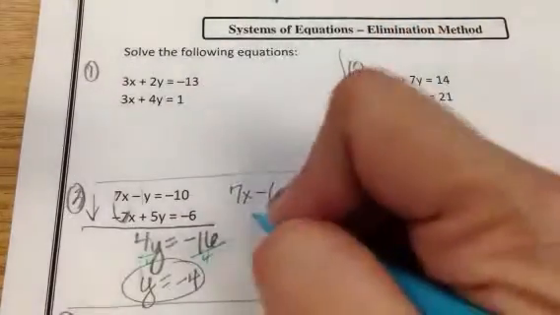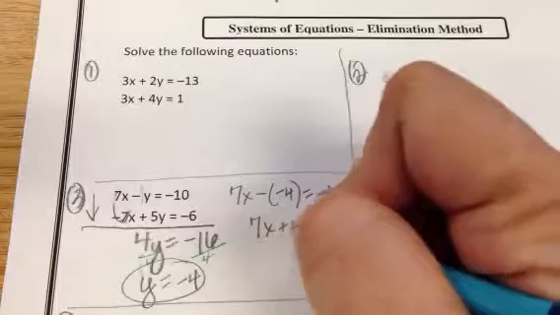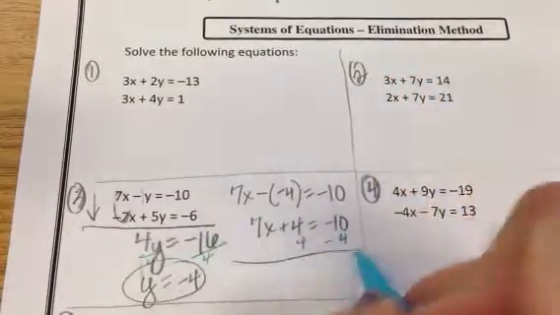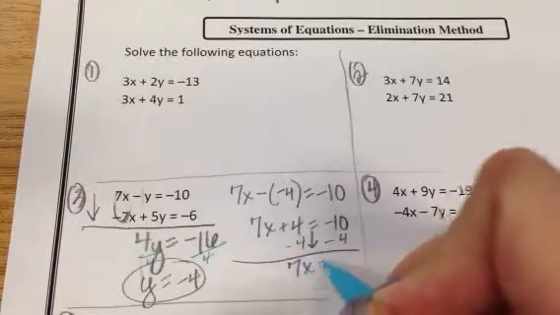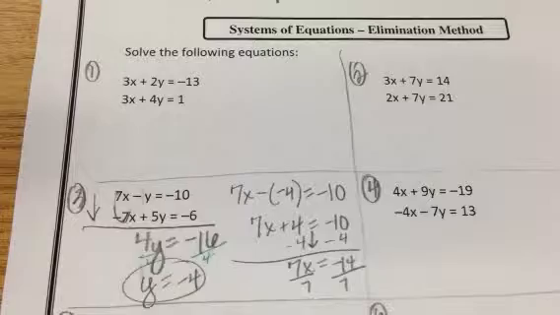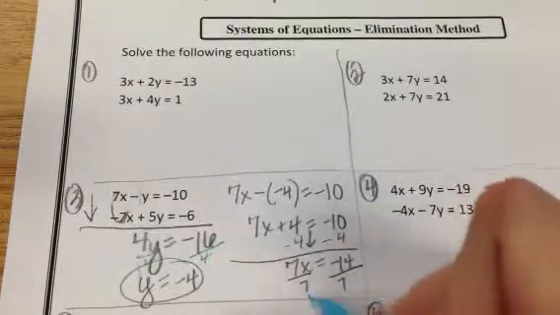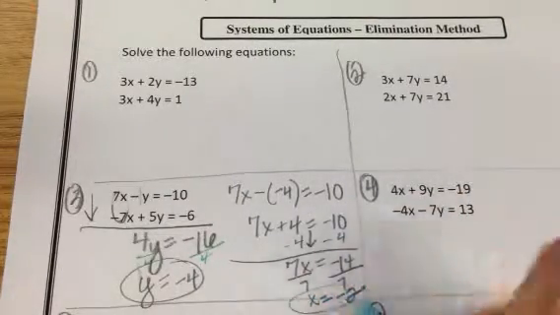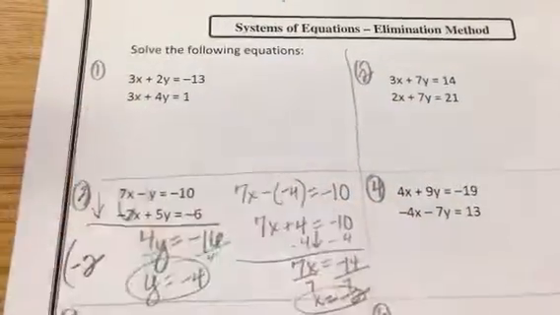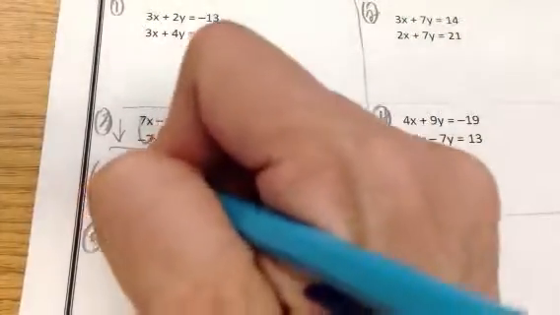That's actually going to give me 7x plus 4 equals negative 10. If I subtract 4 from both sides for undoing, I get 7x equals negative 14. If I divide both sides by 7, I'm going to wind up with x equals negative 2. So the solution to this system is negative 2, comma, negative 4.